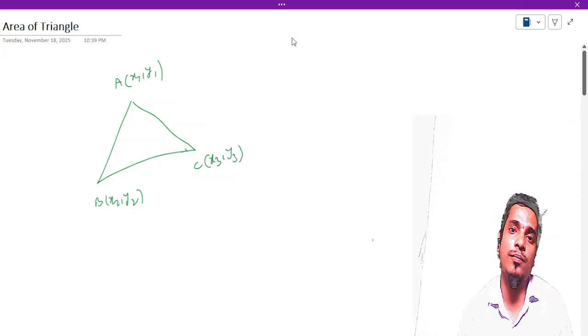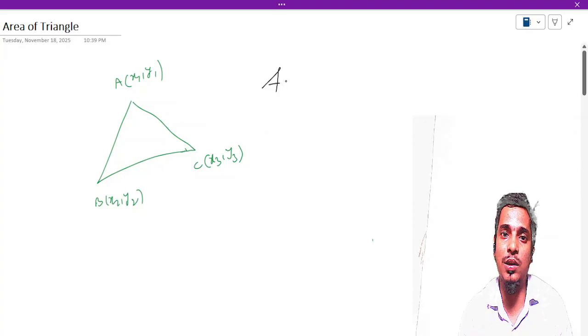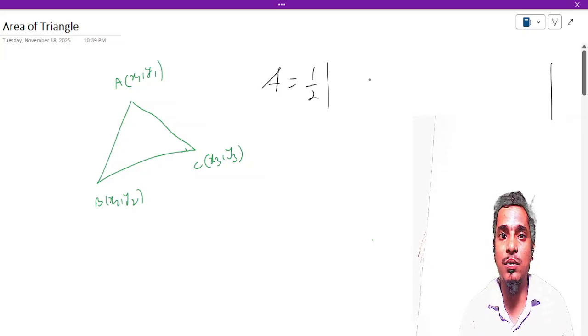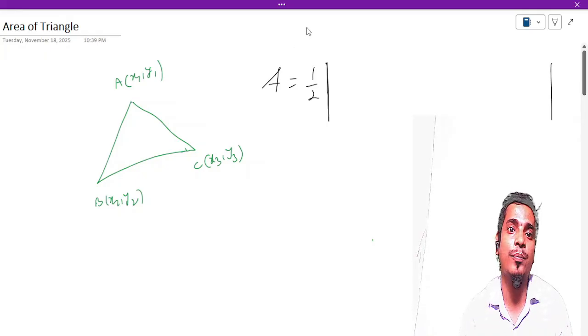Then the area of the triangle is given by half times this formula. We just have to remember it, and then solve a couple of problems. The proof of this is not the scope of this lecture.